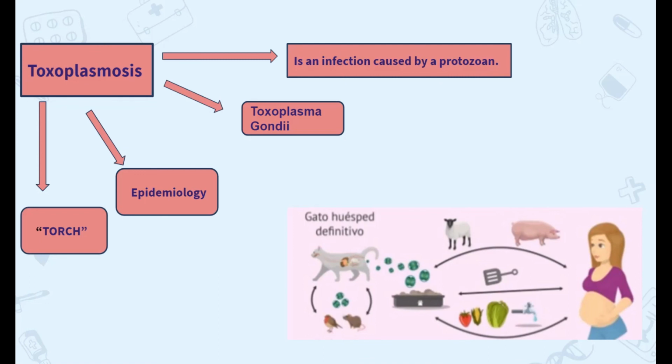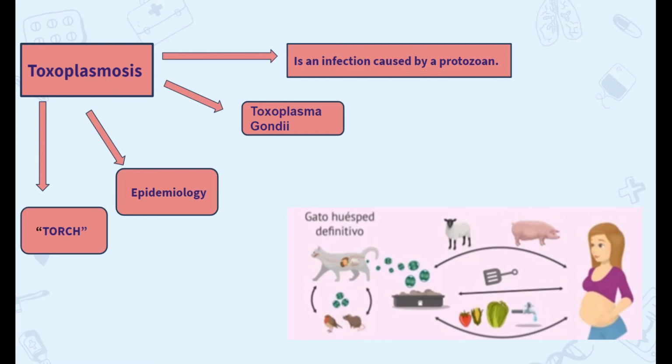Now, talking about Toxoplasma gondii, we can get into epidemiology. We can say that toxoplasmosis is the most common zoonosis in the world because it can infect all warm-blooded animals, including humans. Its prevalence of infection reaches up to 80 to 90% in some countries. And how can this be transmitted?